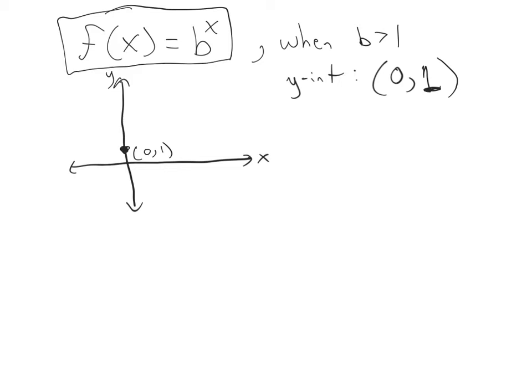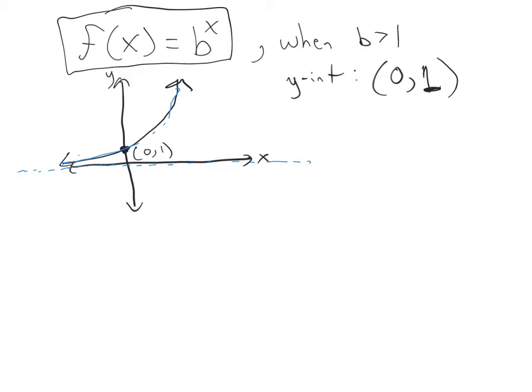All right, and we kind of saw the generic shape here, that it's going to increase slowly, then bam, it's going to go fast. It's going to grow really fast. So this is going to be our generic shape. One thing that we're going to learn, if we zoom in here, is that this function is going to get really close to the x-axis but never touch it.